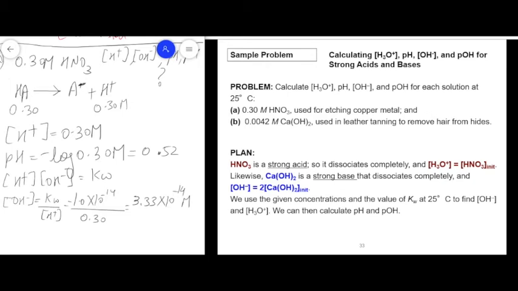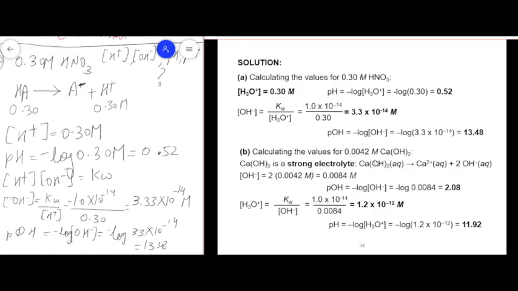So this is now my OH ion concentration. If I have OH ion, I can solve for pOH, which will be negative log of OH ion concentration. So negative log of 3.3 times 10 raised to the power minus 14. If you solve for this, let's confirm, it is 13.48.